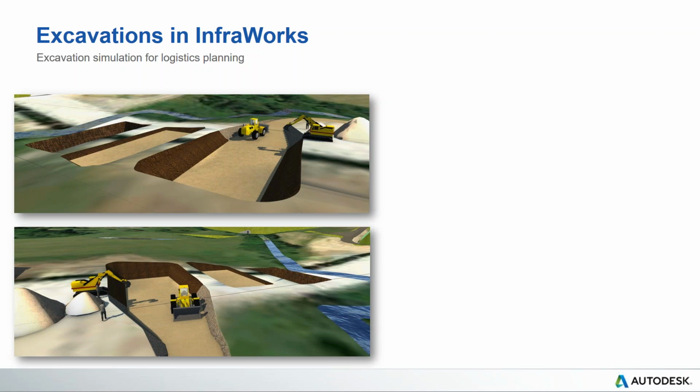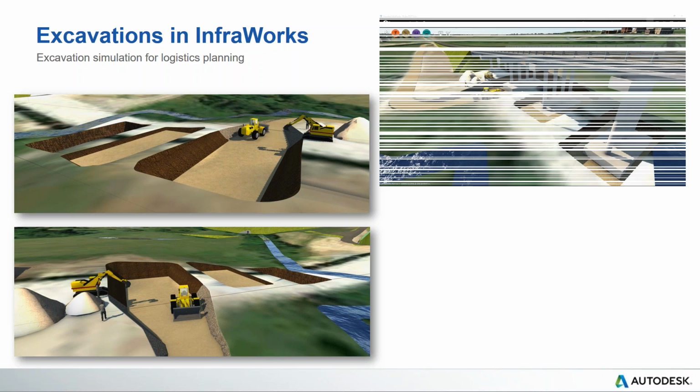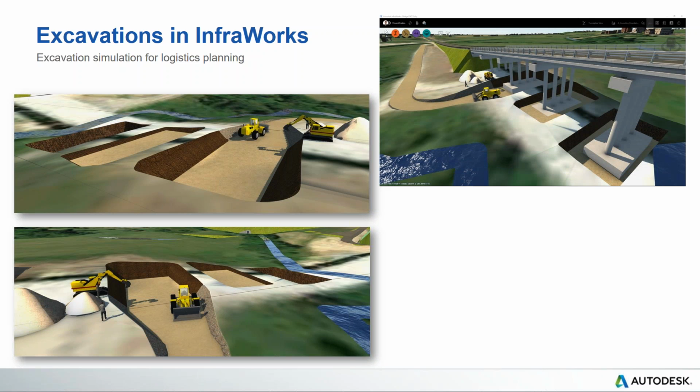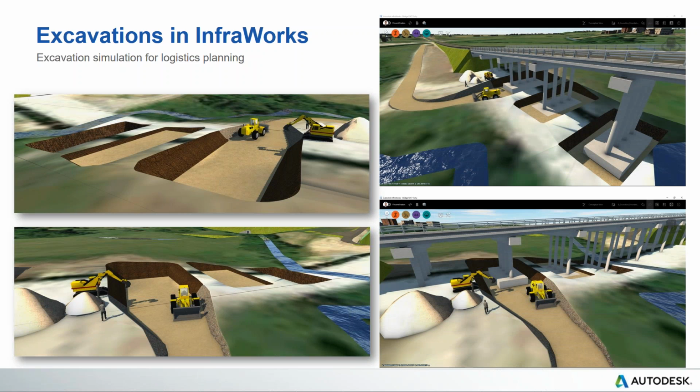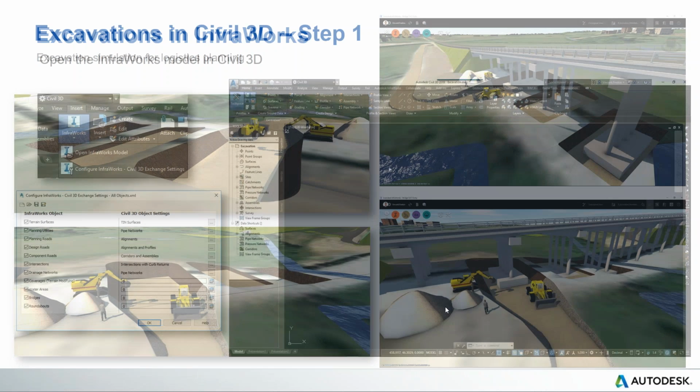We know how the vehicles will move in and out to excavate, where they're going to, for example, dump the material, stockpiles, etc. So we can use the Infraworks library for the 3D equipment like the excavators, the graders, and the trucks to do all of that in 3D, and definitely use the land areas, as I mentioned, to create those places where the excavation will be made and the stockpiles will be stored.